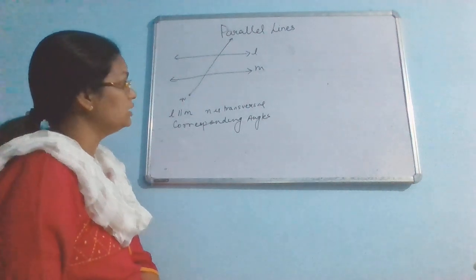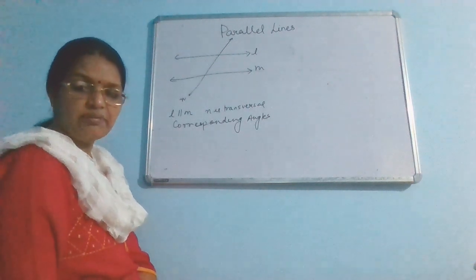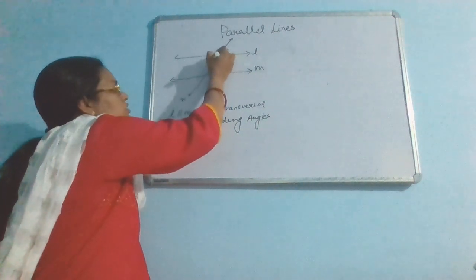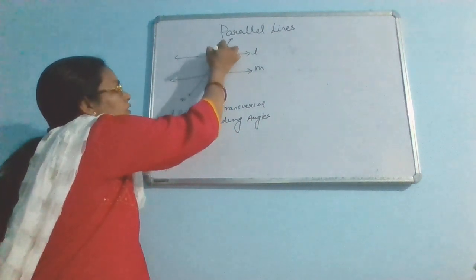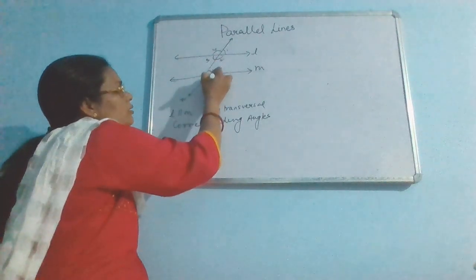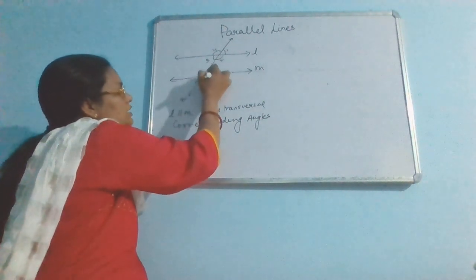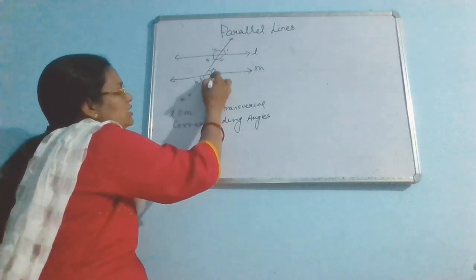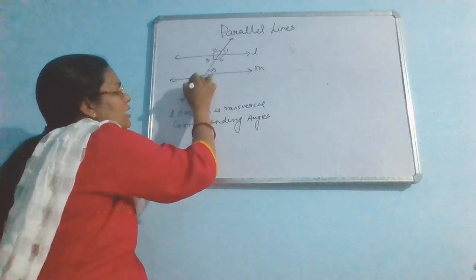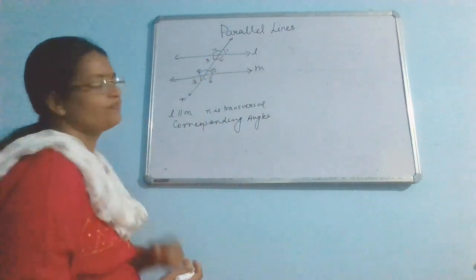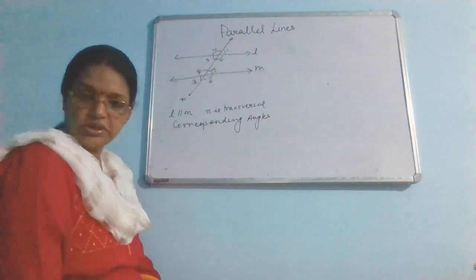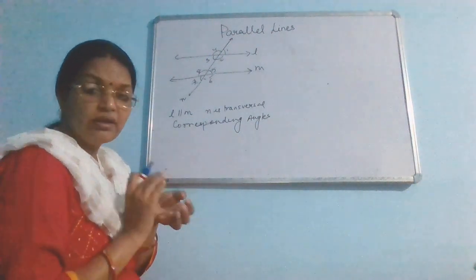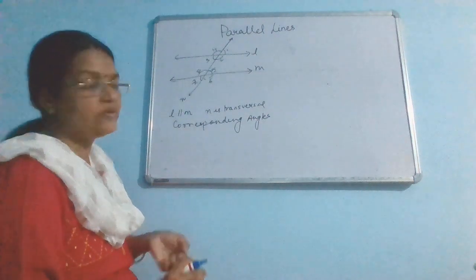Let me name these angles: this is 1, 2, 3, 4, and this one 5, 6, 7, and 8. Corresponding, as I told you, means the angles which have the same position. So which two angles have the same position?